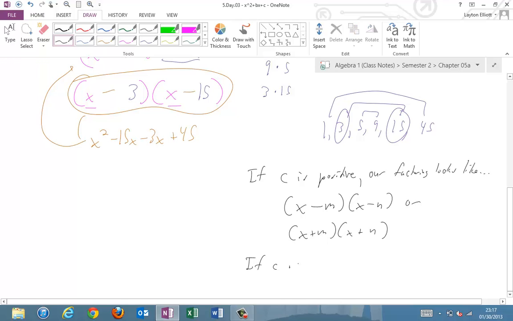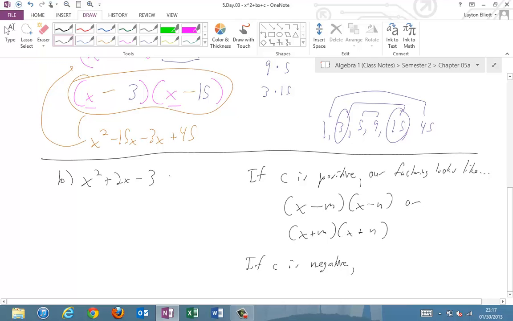If c is negative, c being the last number, let's do an example of that. I'm going to draw a line and let's go letter B. We're going to do, let's do x squared plus 2x minus 35. Well, I'm still going to separate it into two binomials with an x and an x.